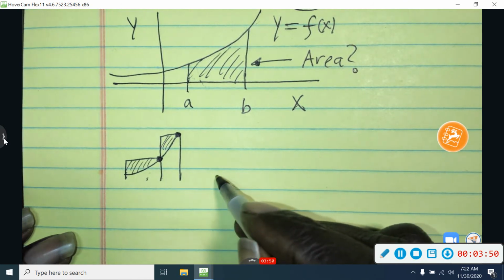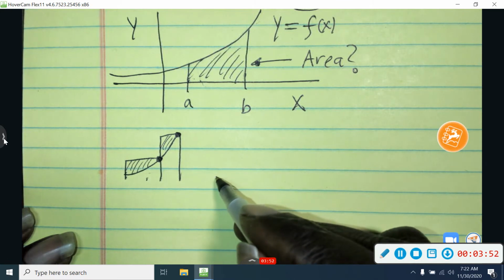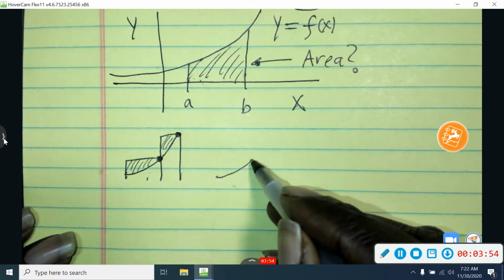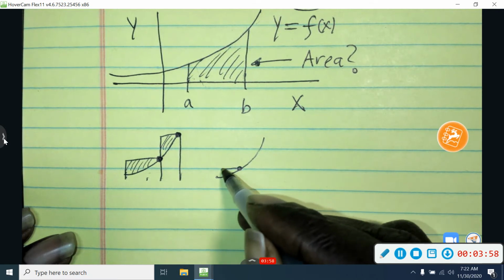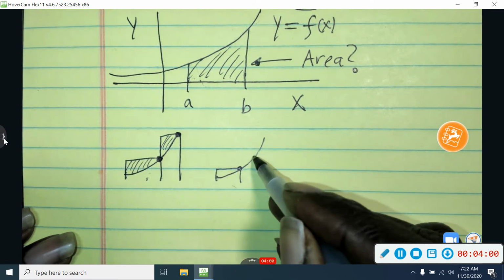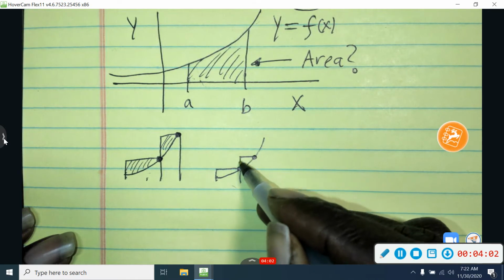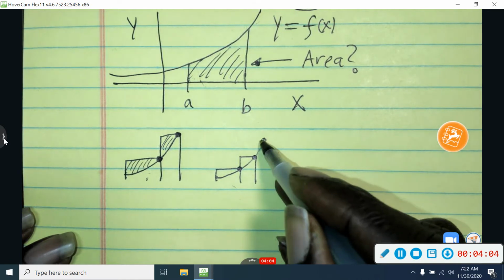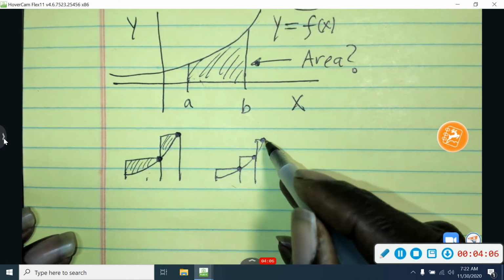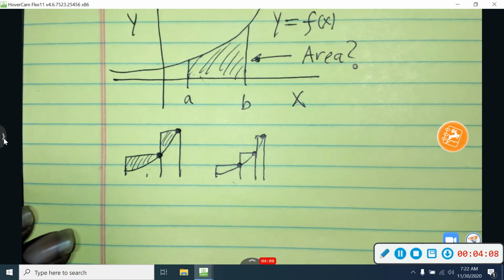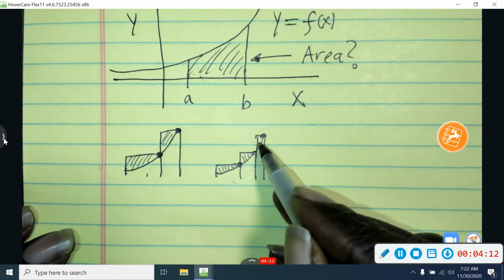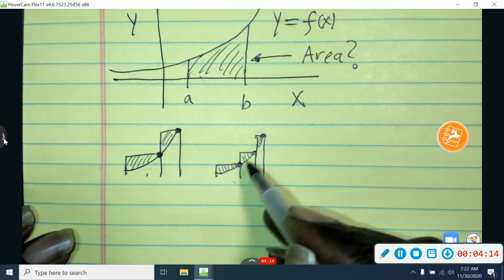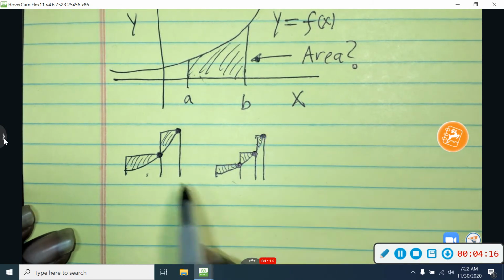But I'm going to draw that same curve and put 3 rectangles under there. So if I put 3 rectangles in there, indeed I don't get the area, I get too much again, but I get less too much than before.